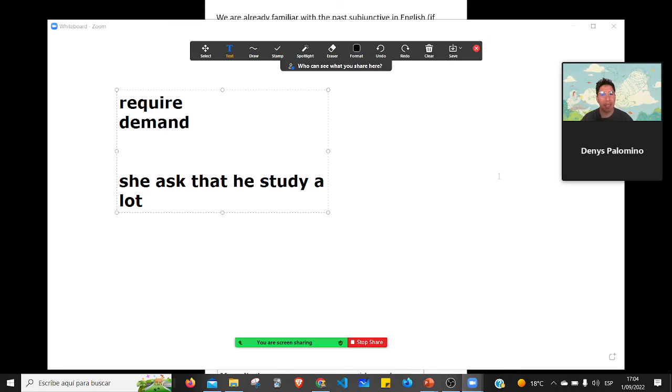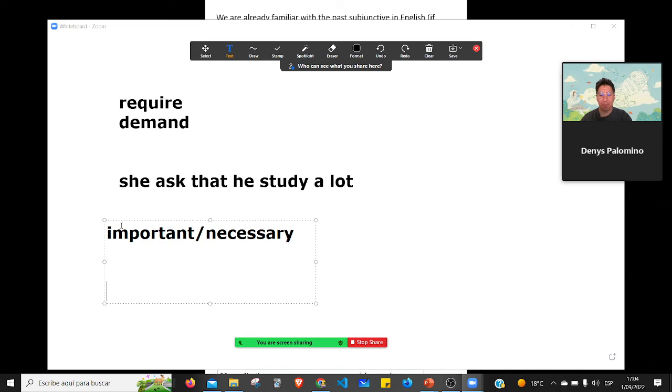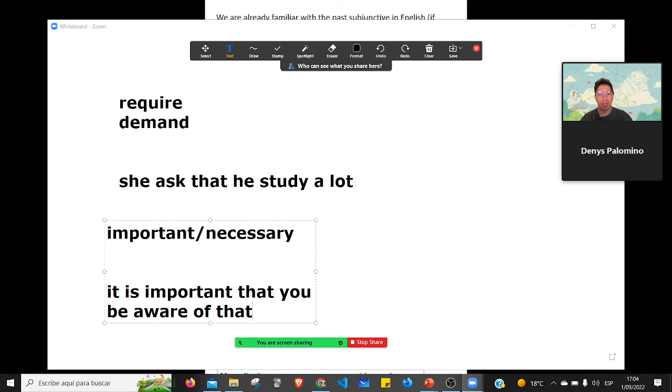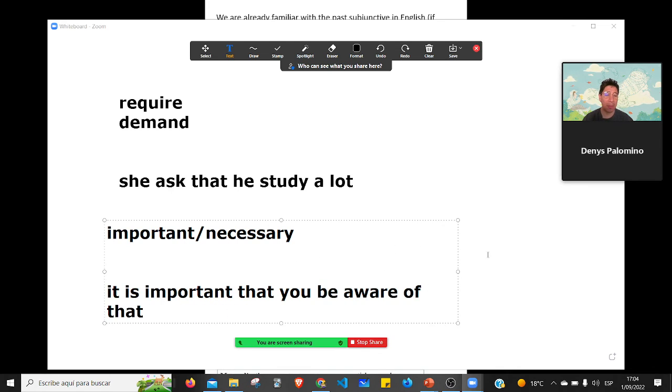Yes, that grammar. And of course, we have adjectives such as important, necessary. Like, it is important that you be aware of that, instead of saying you are aware of that. Do you remember? No? We can practice again.